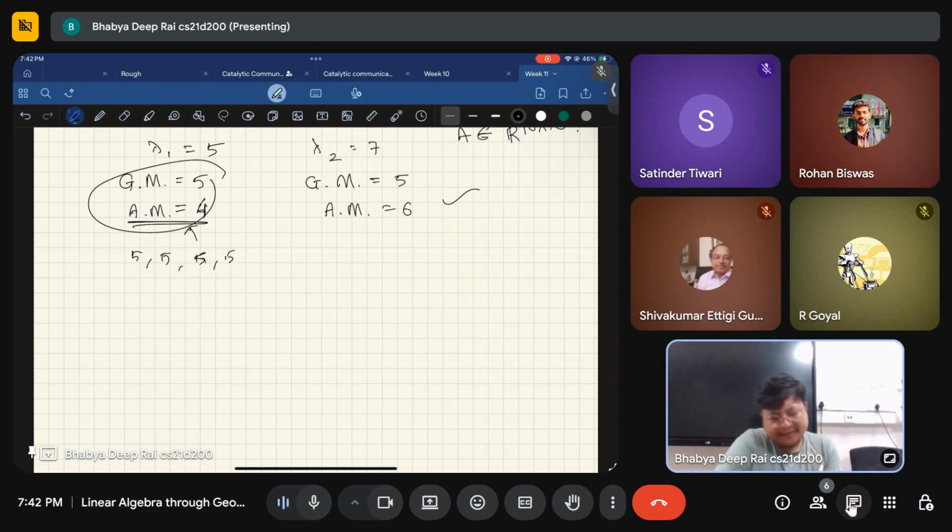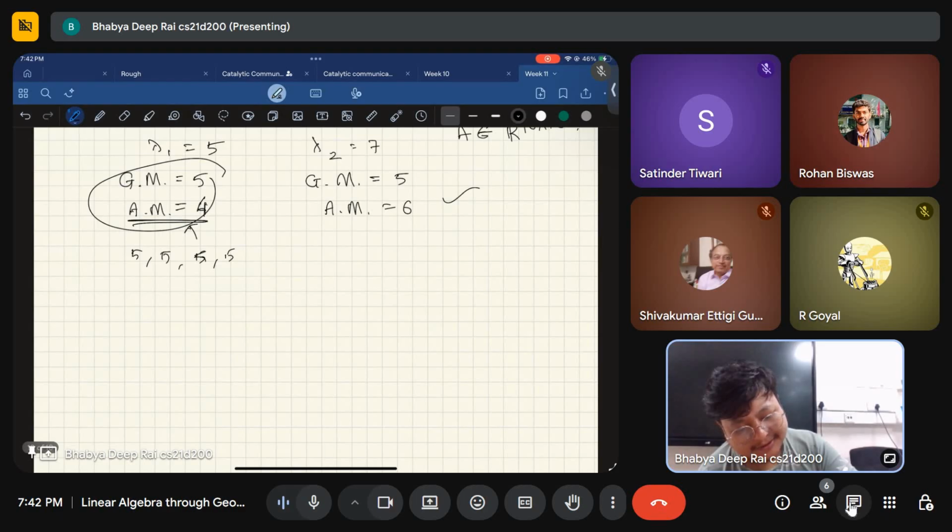Then what you are saying is, you are looking at the null space of A minus lambda I. Now, for lambda equal to 5, in the null space you cannot have more than 4 many linearly independent vectors.